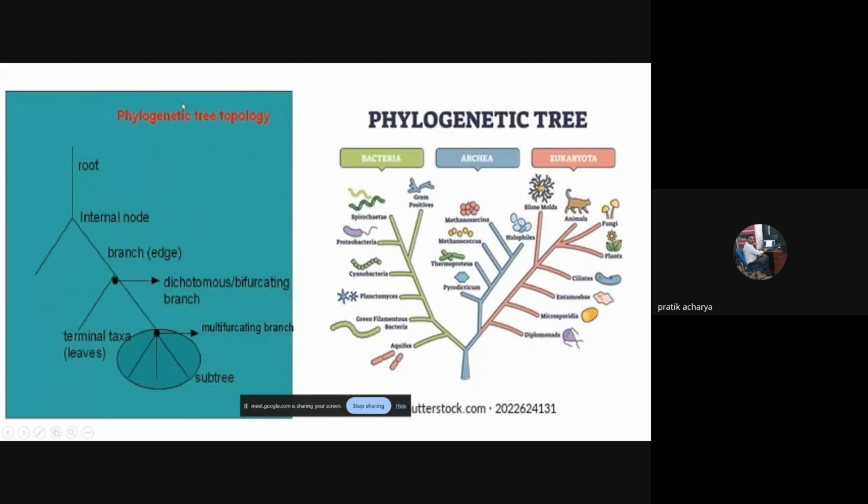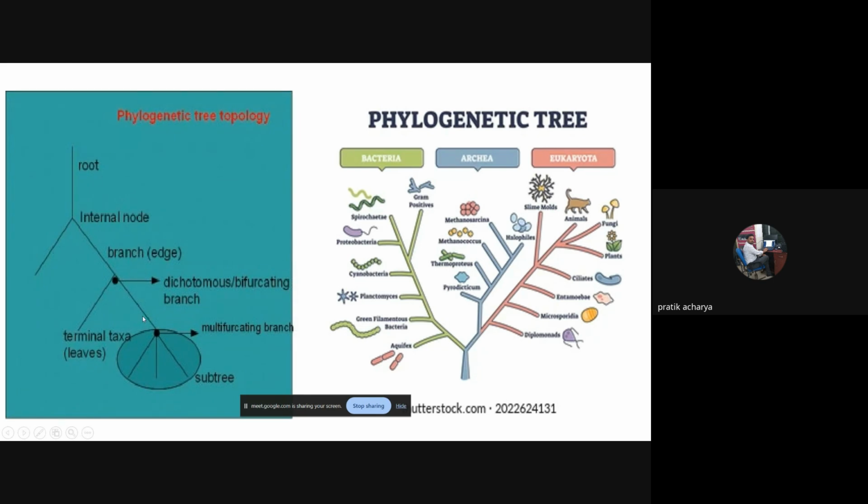So this is a tree for the three domains of life, showing how organisms from different domains are diversified. This is a pictorial presentation. This is the basic idea. The root means the common ancestry. Like a tree, the root means the basic common ancestry. An internal node means this common ancestor divided into two.